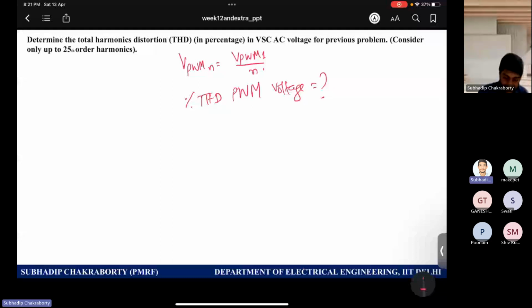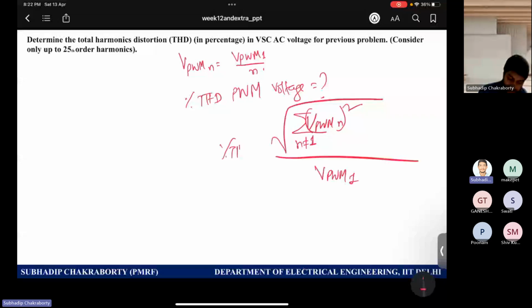So it is easy, right? Because VPWM N, summation N not equal to 1, all the other harmonics you just square, sum, and then root, and then divide by VPWM 1. That is the definition of THD, right? Do it and let me know.